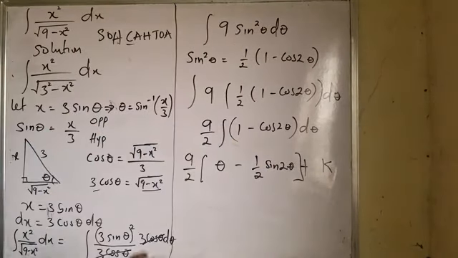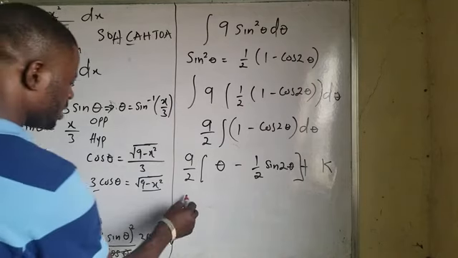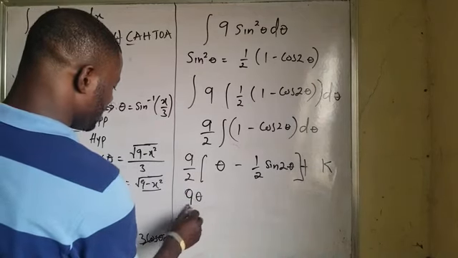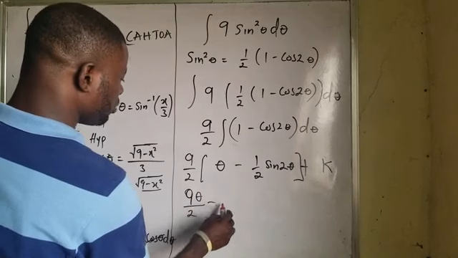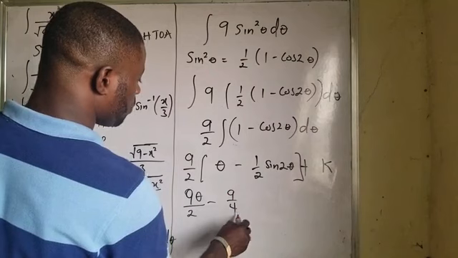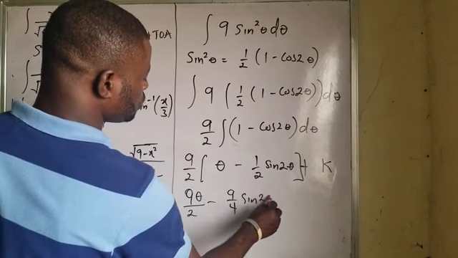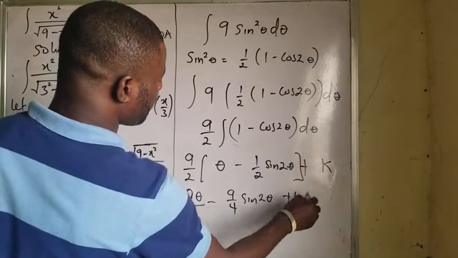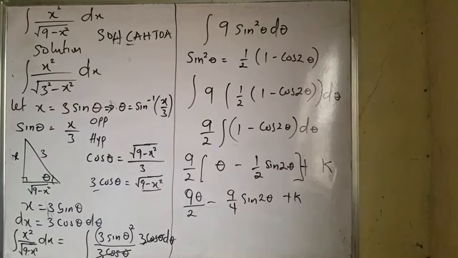That is all about that. Now I can open the bracket: 9 theta divided by 2 minus 9 over 4 sine 2 theta plus k. I've opened the bracket, so there won't be any problem.